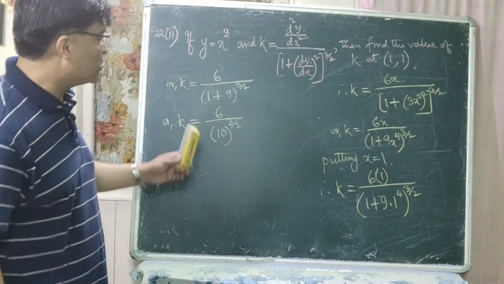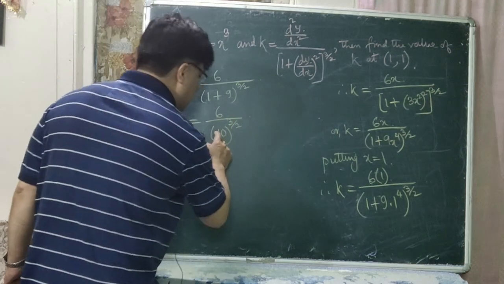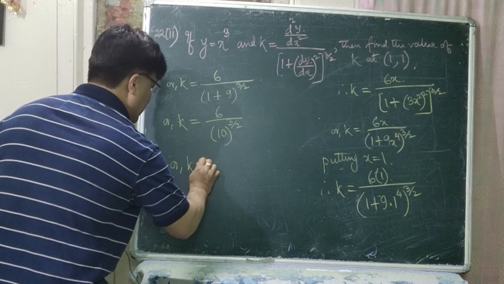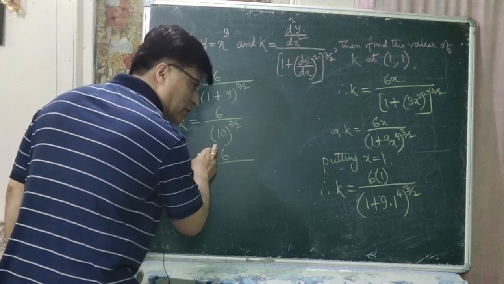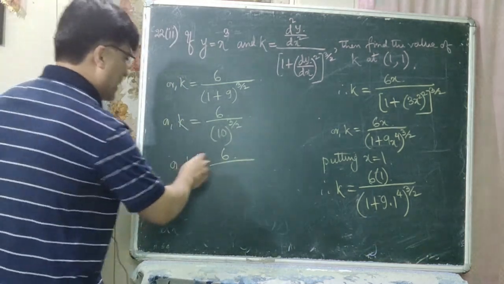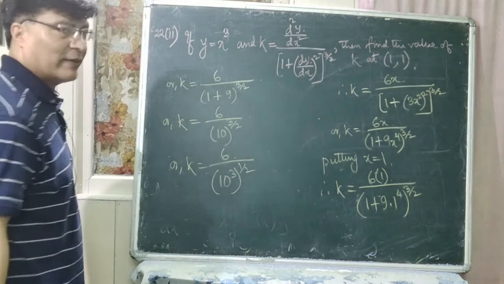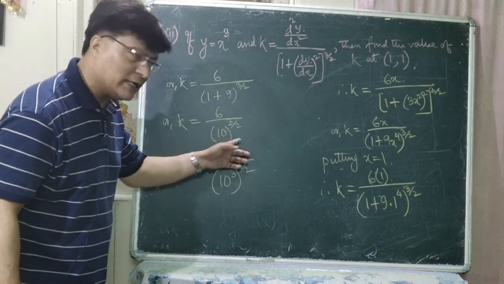So how can you simplify 10 whole to the power 3 by 2? So you can write it as 10 cube whole to the power half, isn't it? So if you multiply these two powers, you will get 3 by 2.